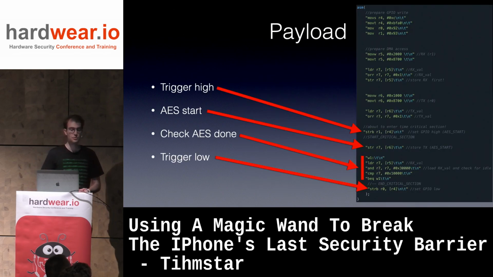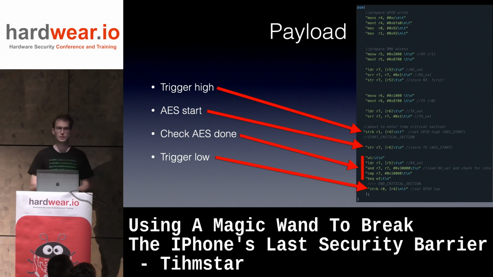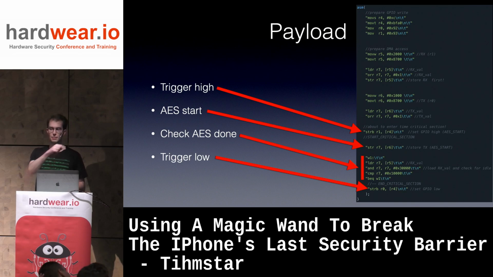This is the payload I used. So basically, the iBoot already has a function which you can call, which runs AES on the hardware engine. And I put a hook in there, so at some point it jumps to that code, and then that takes over. The important thing here is that I have one store byte instruction, which sets the trigger high.